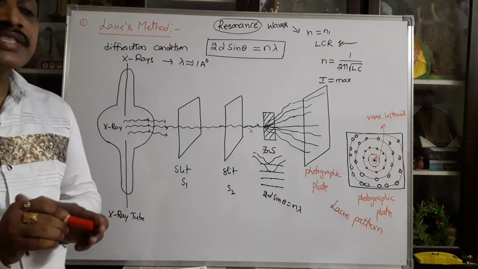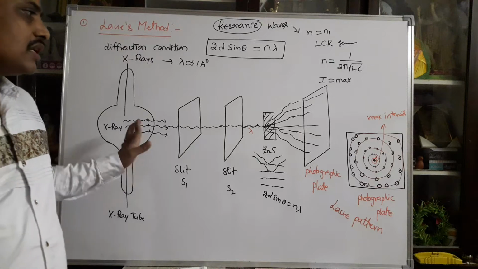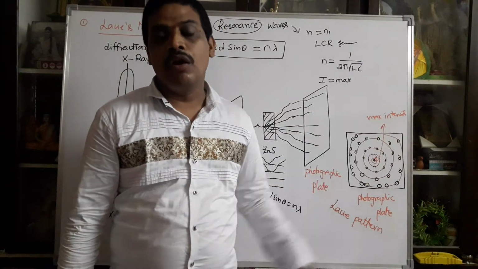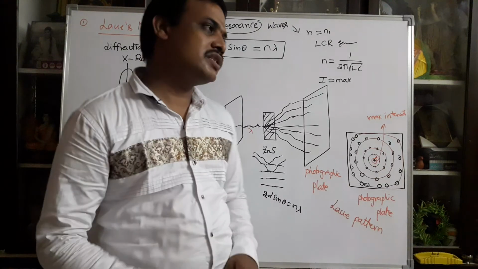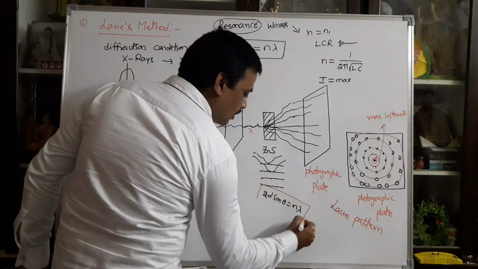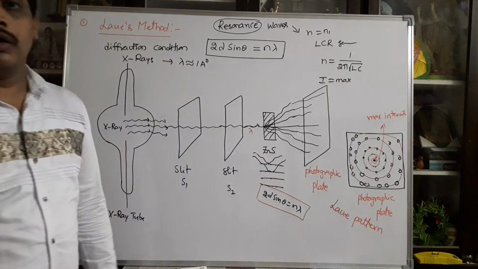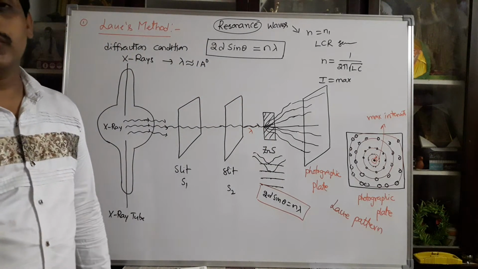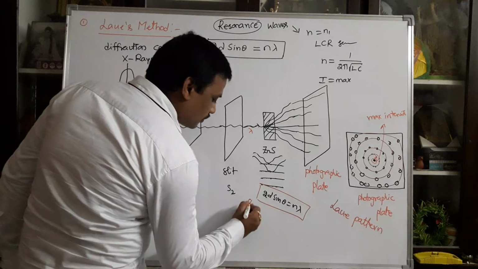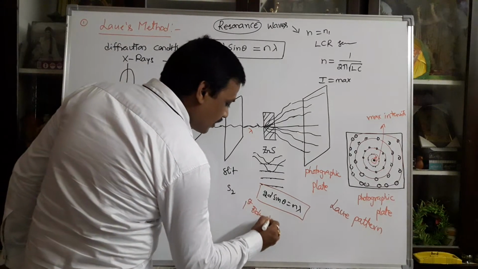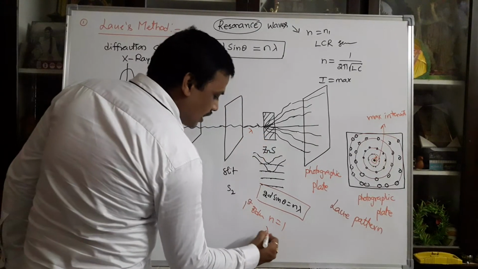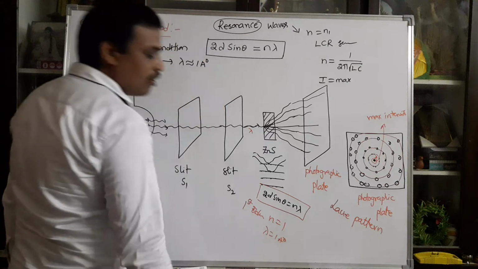The Laue pattern consists of concentric circular fringes. Based on these fringes, you can clearly explain what structure exists. These obey the diffraction condition 2d sin theta equals n lambda. Suppose you take the first order diffraction, n equals 1, and you send X-rays with lambda approximately 1 angstrom.